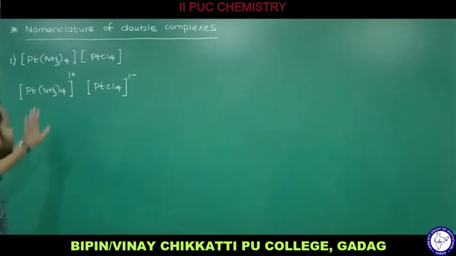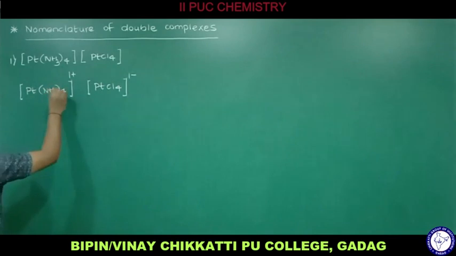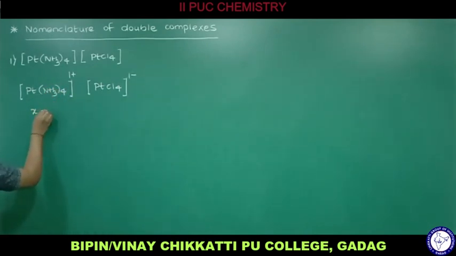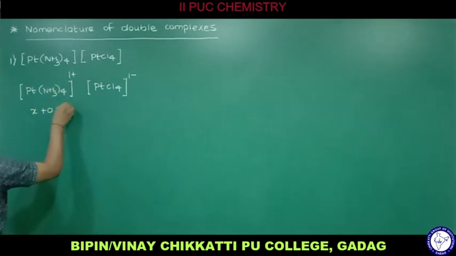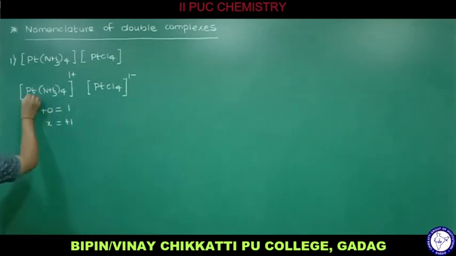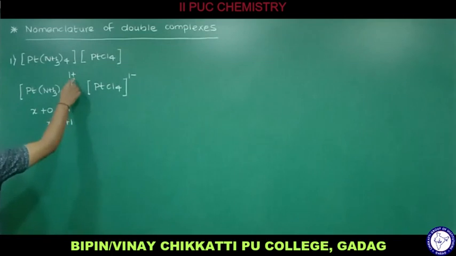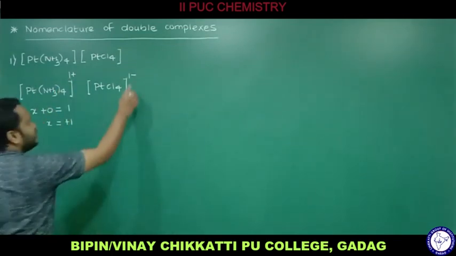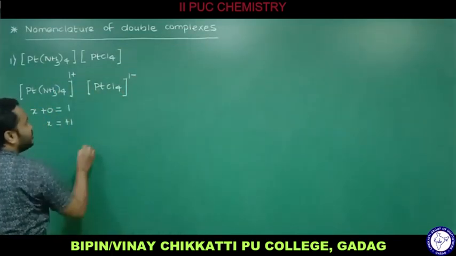So, hit and trial method, I consider 1 and 1. NH3 will be the neutral molecule and therefore X plus 0 is equal to plus 1. Therefore X is equal to 1 plus, that is the oxidation number of Pt. If I consider the charge as 1 minus, what will be the oxidation number of Pt?